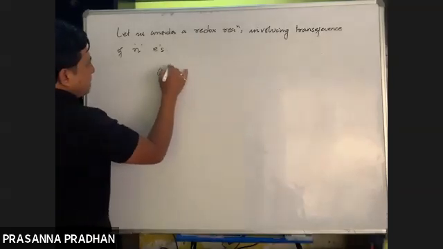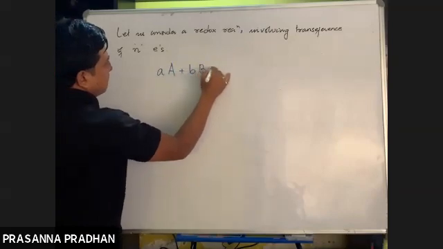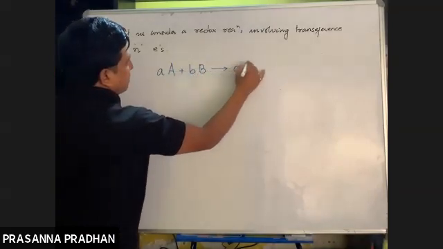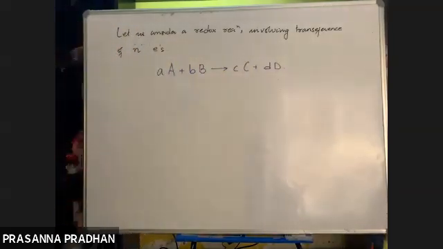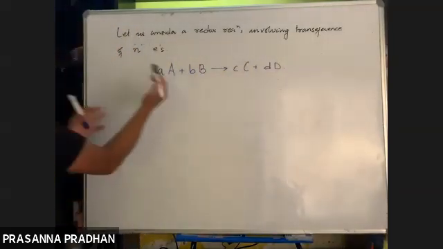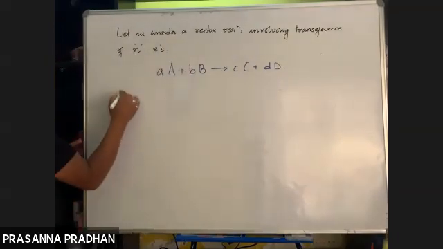Let it be represented as A plus B gives you this. So during this redox reaction, n number of electrons are involved. So how are we going to write down the Nernst equation?